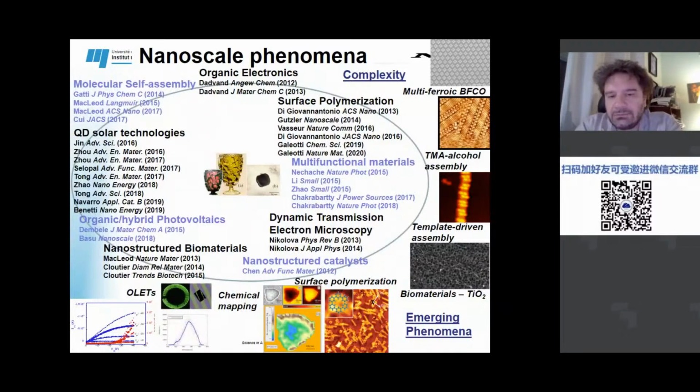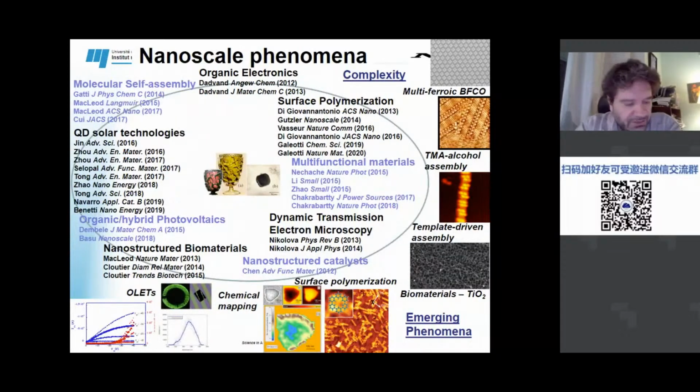And we study nanoscale systems quite broadly, as you can see in this overcrowded slide. We study inorganic systems and organic materials, as well as biocompatible materials. And typically the idea is to use nanomaterials as building blocks for different emerging technologies.